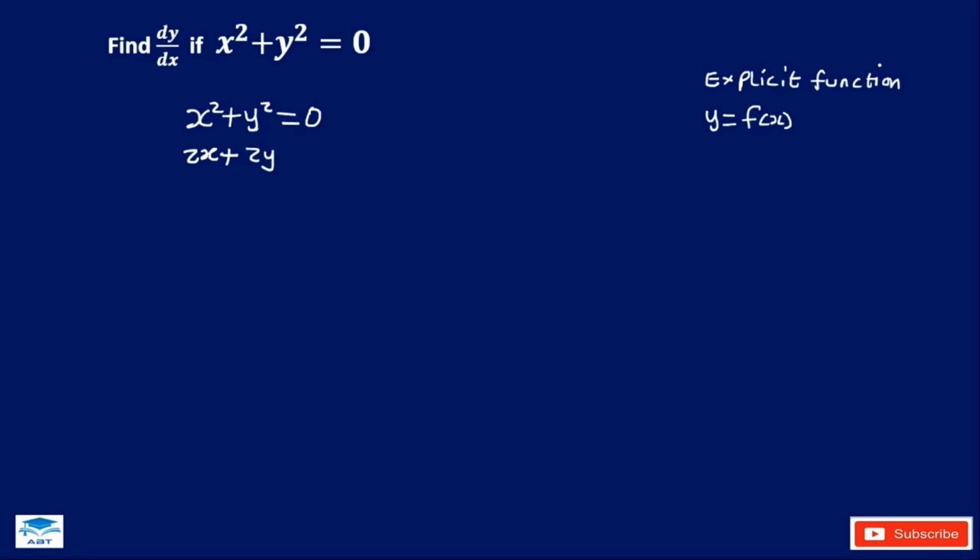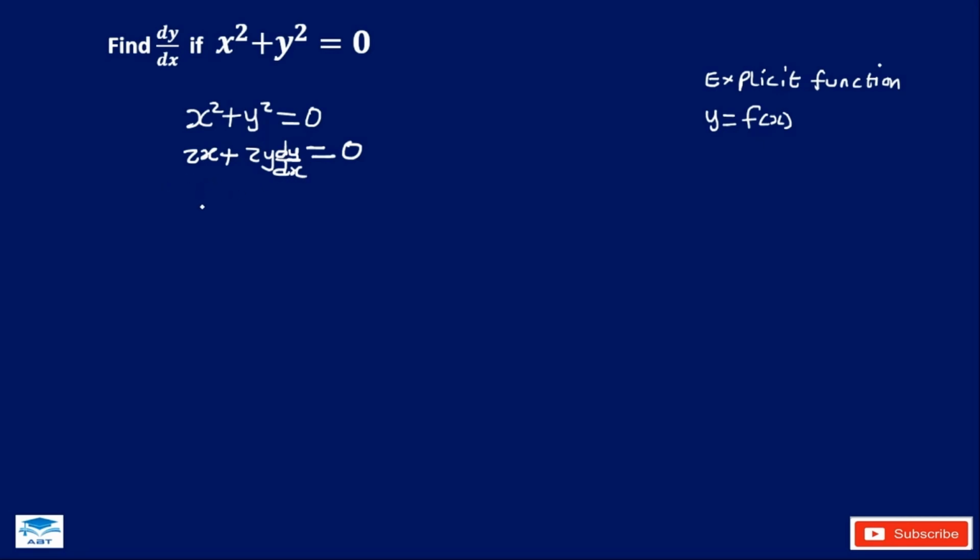But anytime you differentiate y, you multiply the result by dy dx, is equal to, we differentiate 0 and it's still 0. Very important. Anytime you differentiate y, multiply the answer by dy dx.